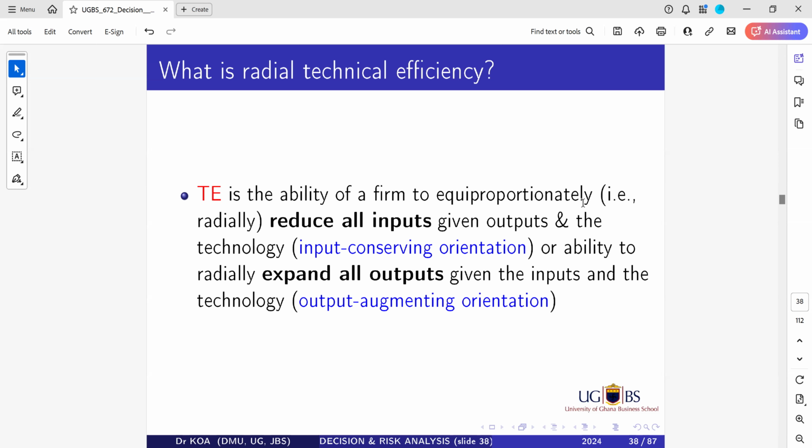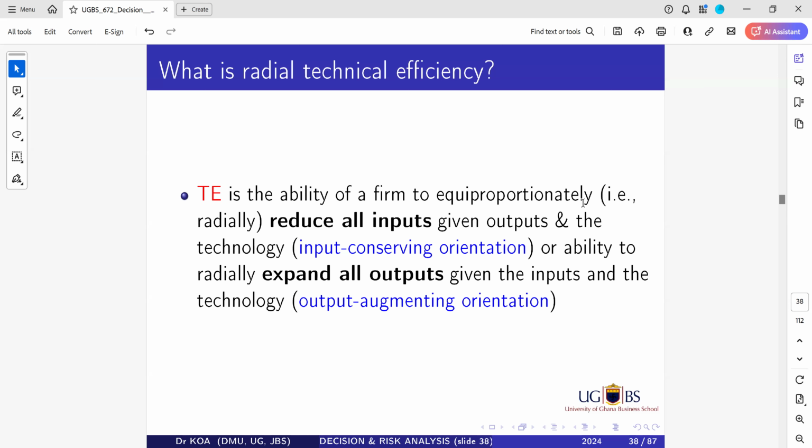Radial technical efficiency is that of efficiency where you maintain the ratio of the inputs or of the outputs. You are maintaining the equiproportion of the inputs or the outputs. When you are reducing the input, you are reducing all of them by the same percentage. When you are increasing the output, you are increasing all the outputs by the same percentage. That's what I mean by radial.